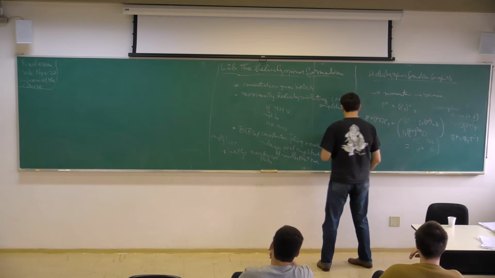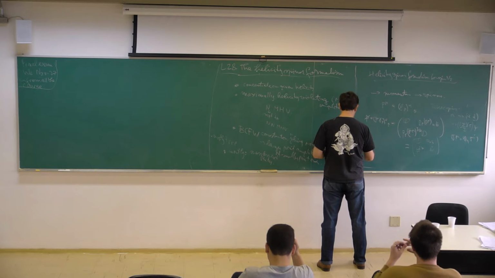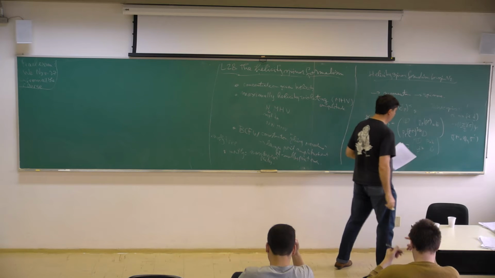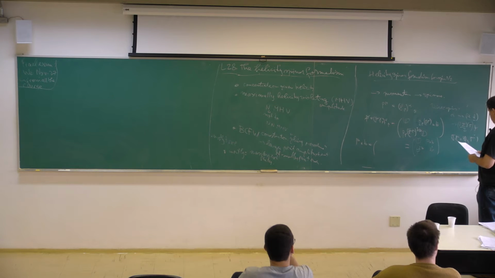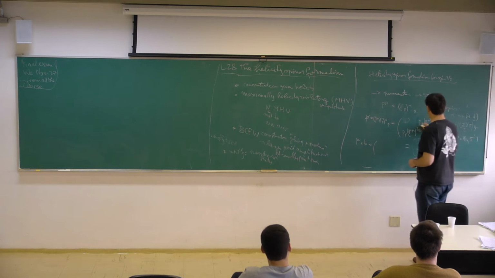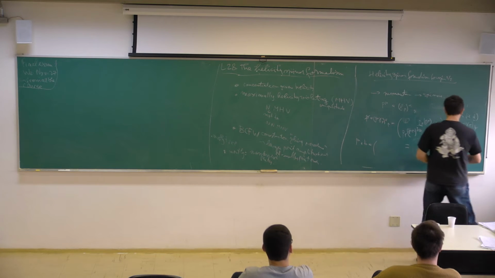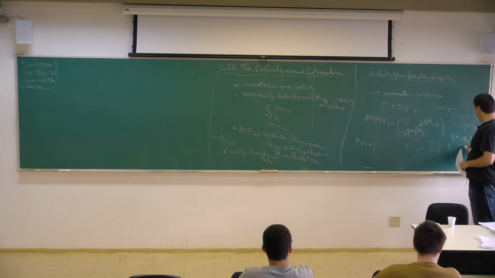So then P A B dot is equal to, okay, so sigma mu is equal to this, but then P mu with g mu nu is equal to minus P0, P i.